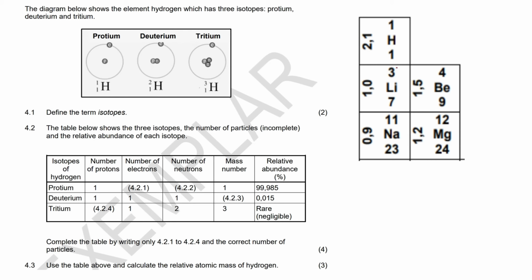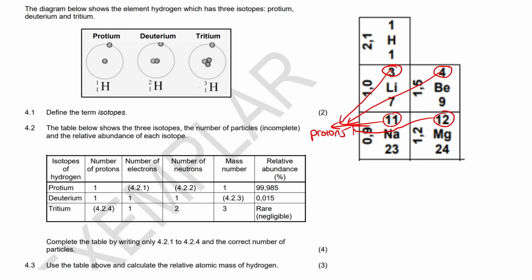And by looking at this number and this number, we can get a perfect idea of how many of each one it has. What I've told you guys in previous videos is that these numbers here tell you the number of protons. Okay, that's the number of protons.